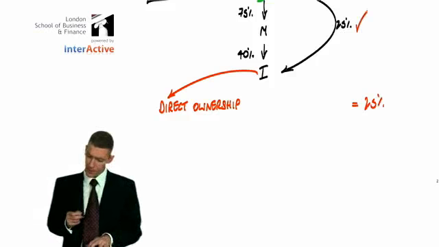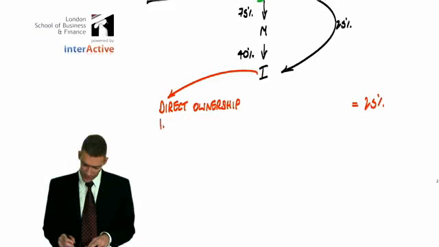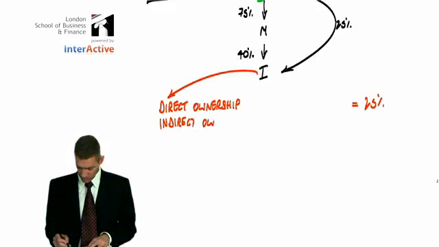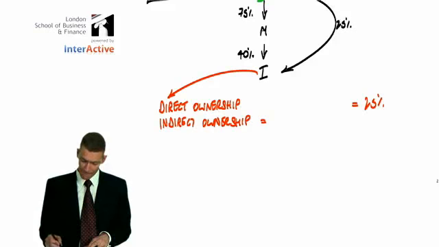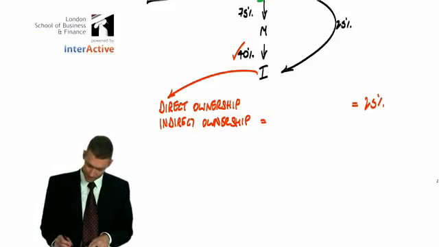And that's that one there. Then we have an indirect ownership, and it's the ownership through M. So it's this 40 here, but it isn't directly that 40.